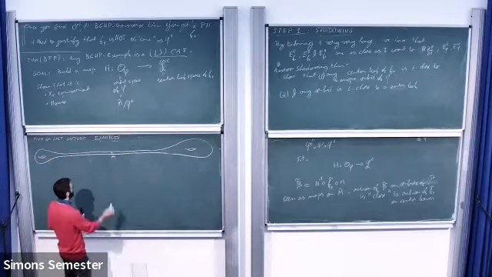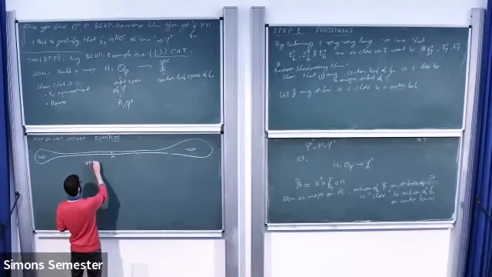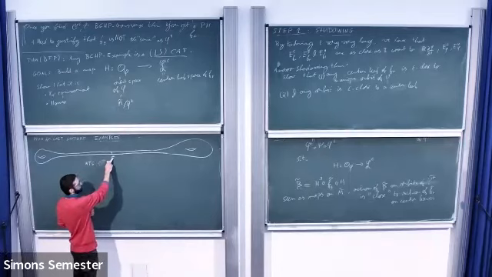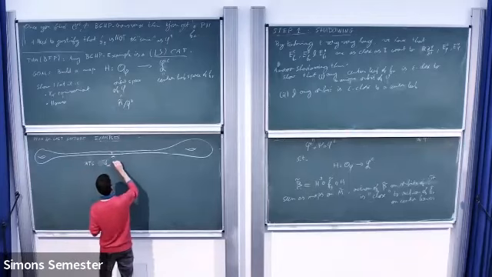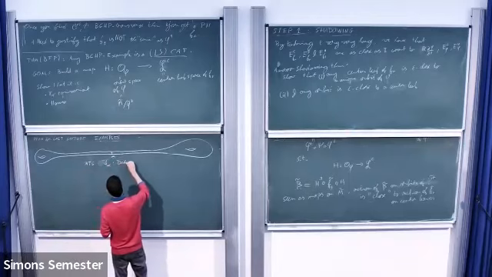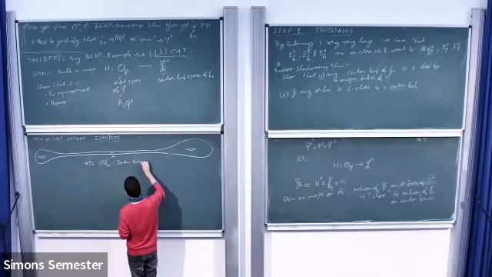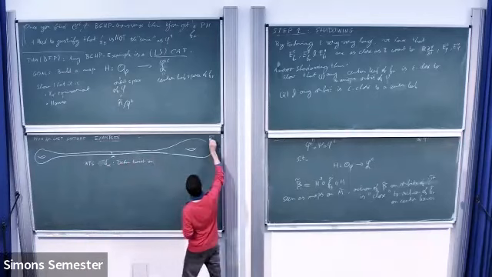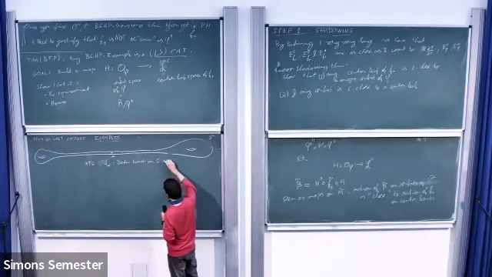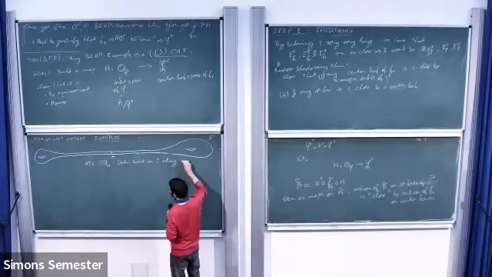Then you take the Dehn twist along alpha, so let's say little d alpha is the Dehn twist on this surface S along alpha.